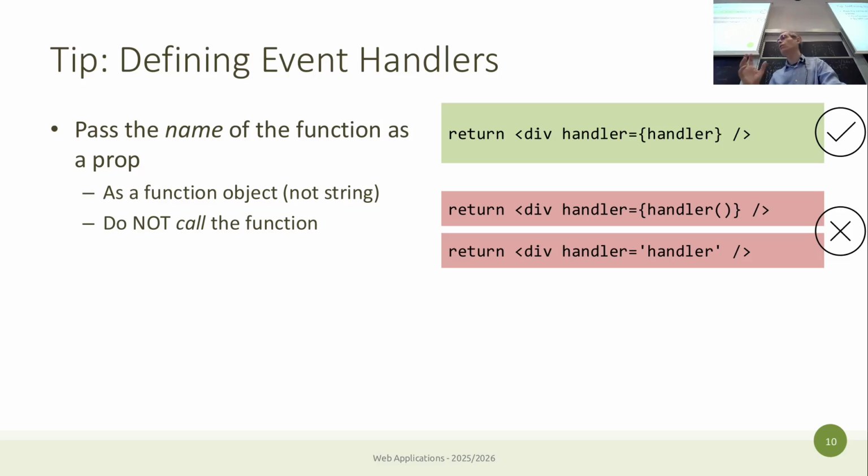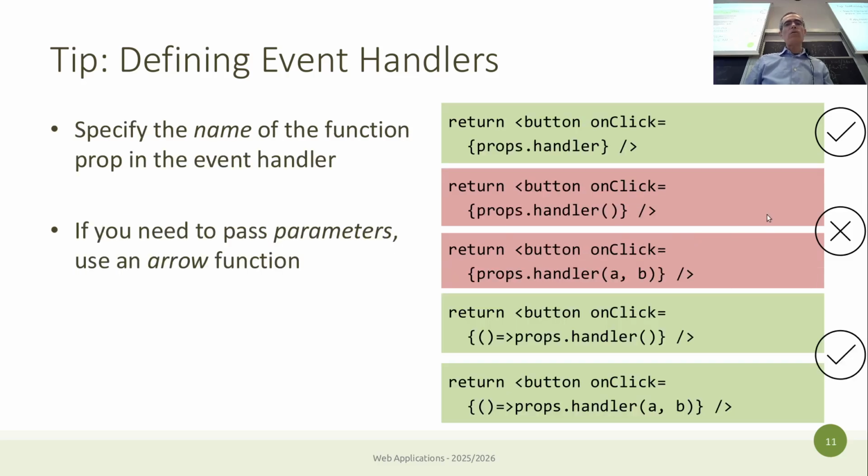Otherwise, the code becomes so complicated, so difficult to follow, which is really confusing. And you don't want to pass it as a string as well. It needs to be a value that refers to a function, so it's not a string, not single quotes, not double quotes. It doesn't work, especially in JSX and React. So remember not to call the function.